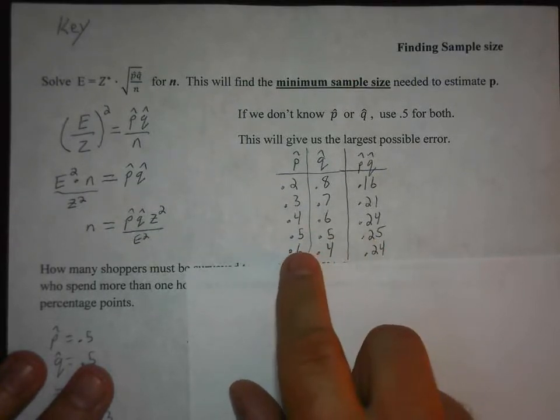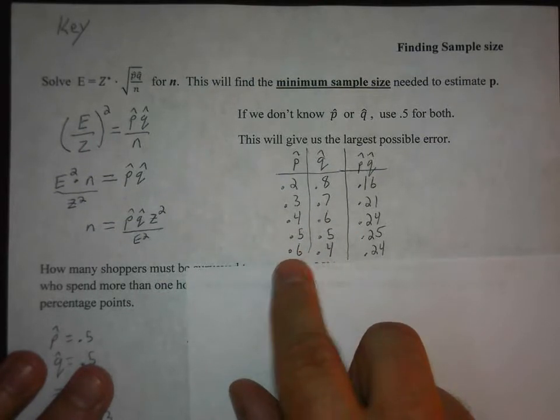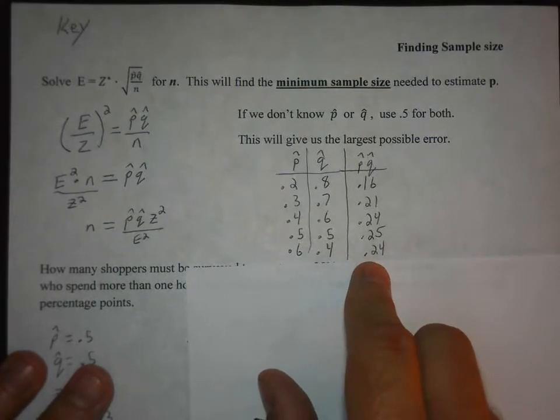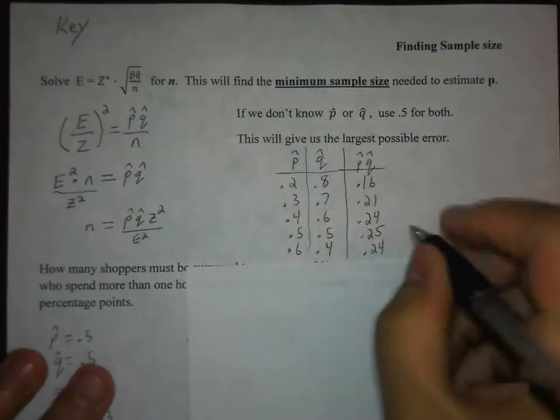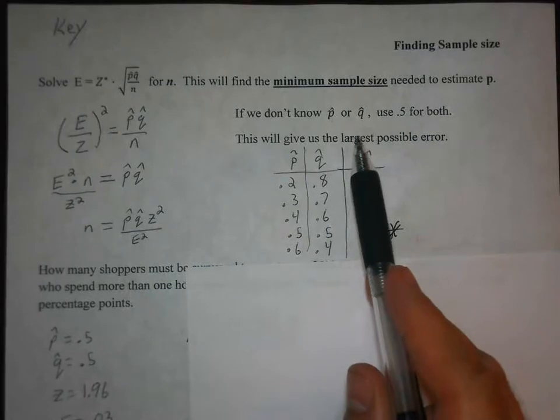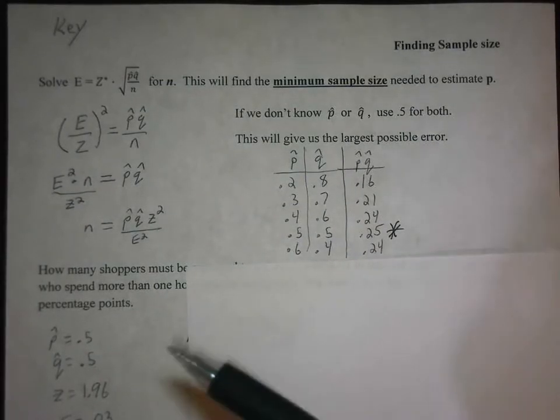Okay, and then the columns flip-flop each other. So 0.6 times 0.4 will be 0.24, and then 0.7 and 0.3 will be 0.21, and so on. But you notice that this one right here is the largest. So if we don't know P hat and Q hat, we want to be as conservative as possible in our estimate.